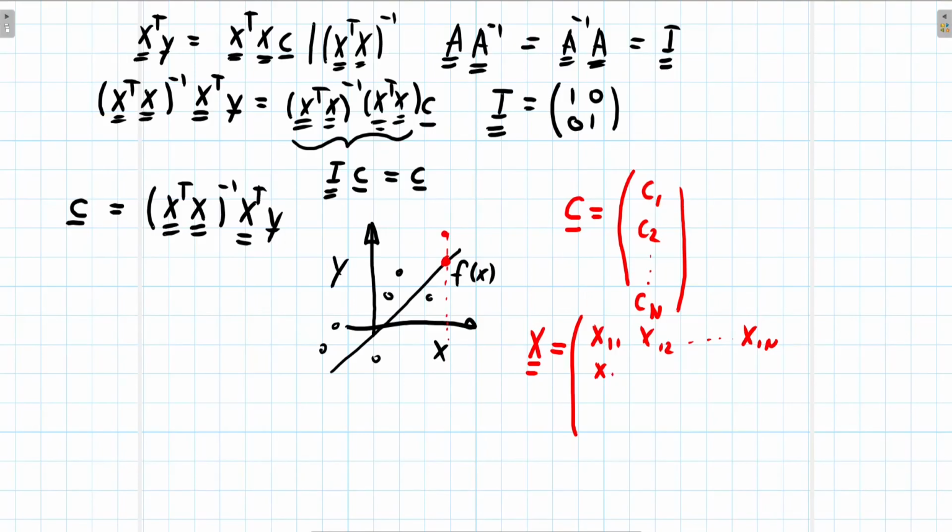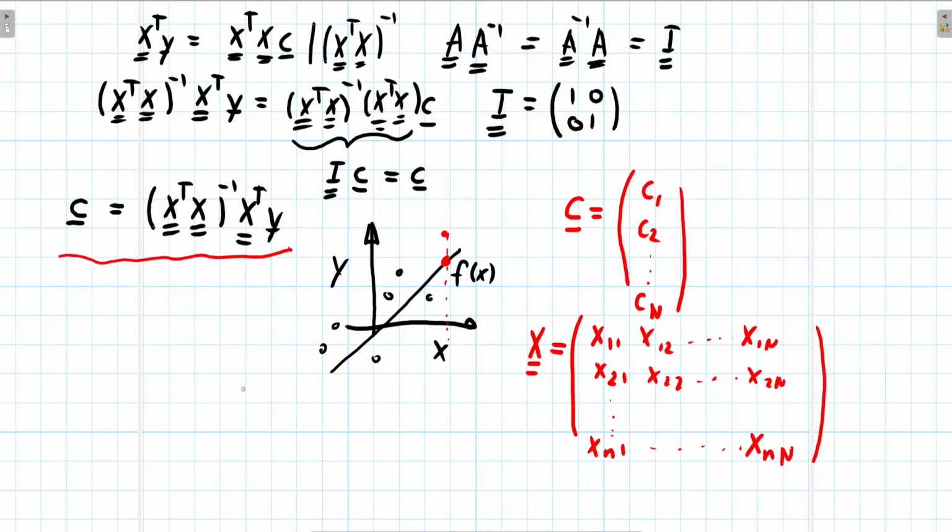And then you have x21, x22, x2n, and that goes down to x lowercase n 1, and here it goes up to x lowercase n capital N. Here capital N is the number of coefficients, and lowercase n is the number of data points in your training set. You can use the exact same equations if you set up your matrix like this and your coefficient vector like this. You have to solve the exact same equation, and that's how you end up with a solution for your multiple linear regression problem.